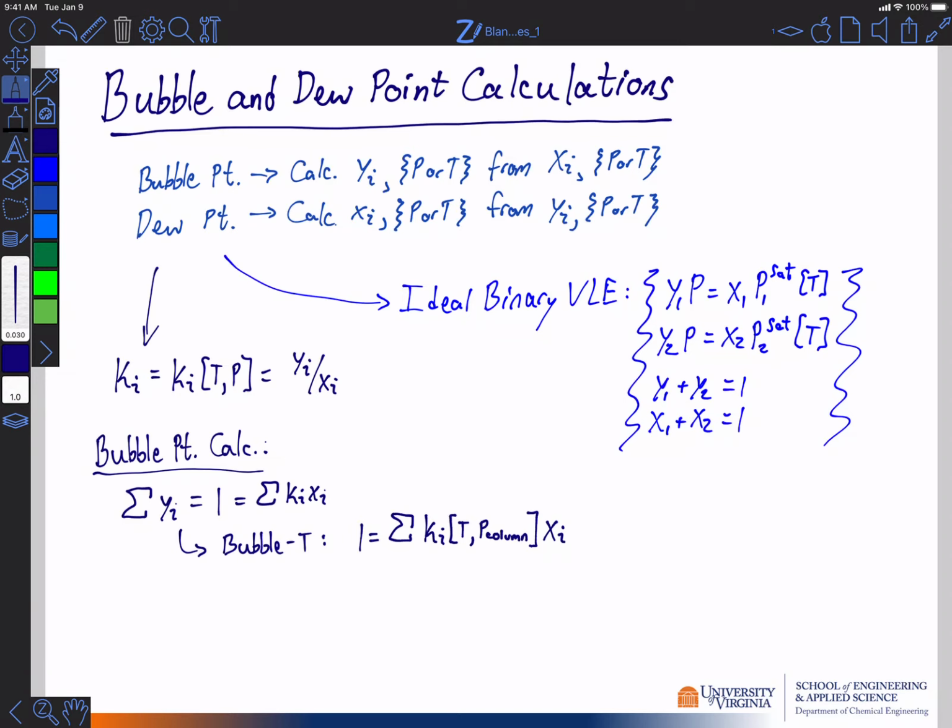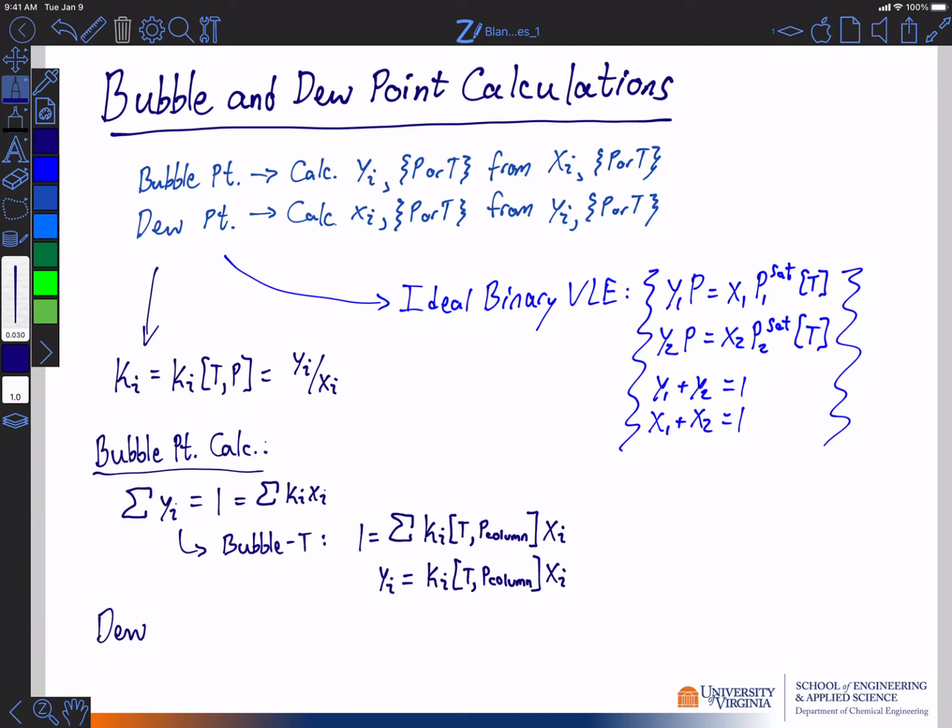And for each situation, we could multiply the K value at that temperature we solved for at our pressure, and we use the X value that we're given, right? And so then we could solve for the rest of the Y values and finish off the bubble temperature calculations.